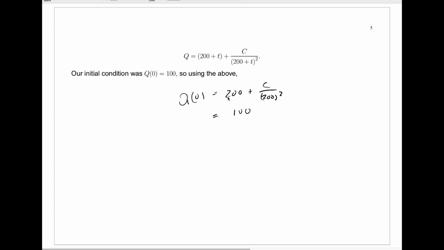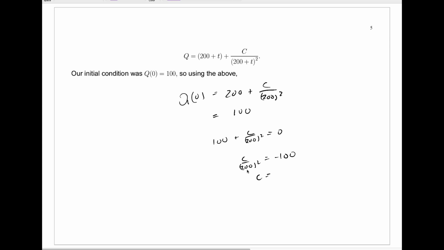When we write the equation that this has to equal, we get 100 plus c over 200 squared must equal 0. In other words, c over 200 squared is minus 100.